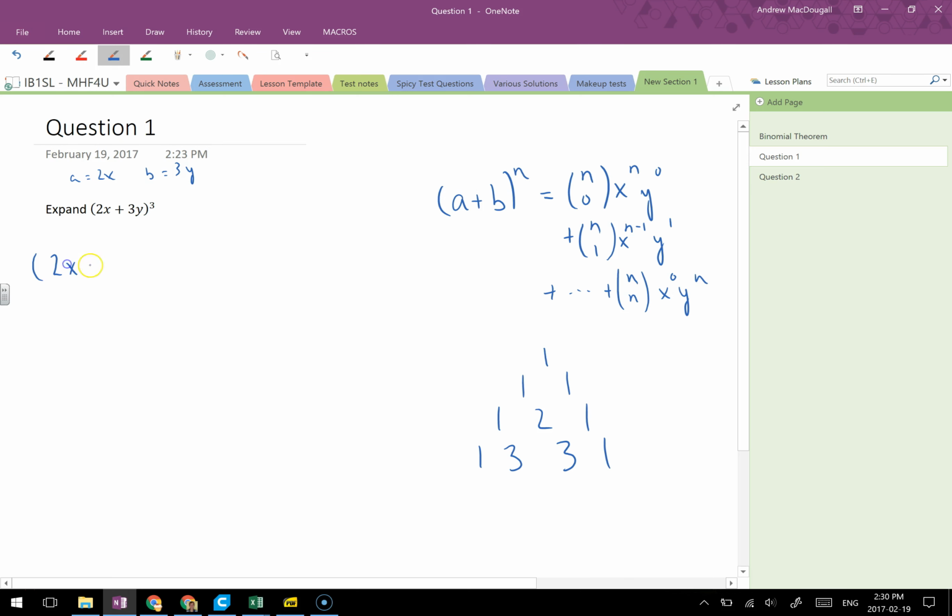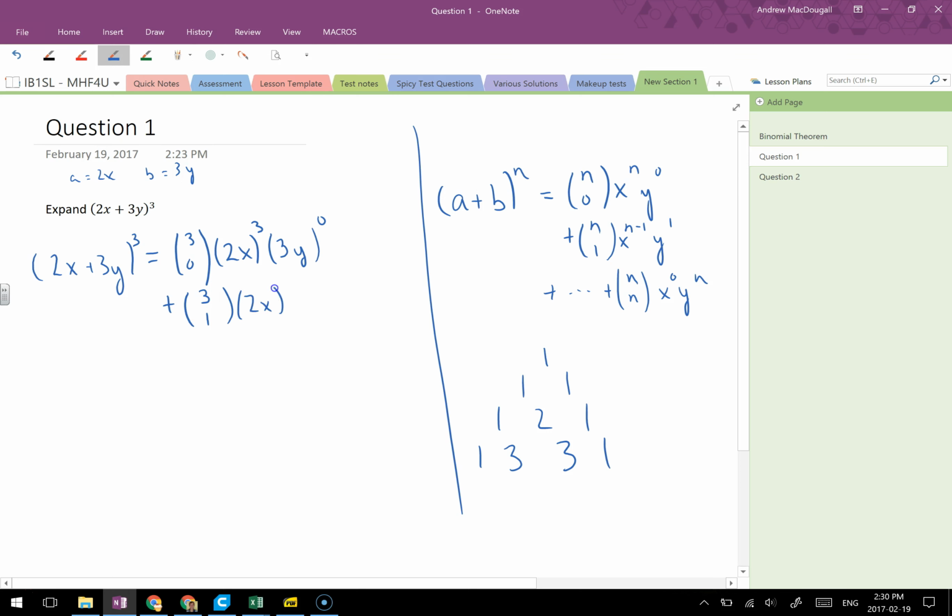So let's use the binomial theorem. It says, okay, it's 3 choose 0 times 2x to the 3. So notice that 2 is in the brackets. The whole first term in our binomial gets cubed, times 3y to the 0, plus 3 choose 1 times, now the powers on our first term count down.